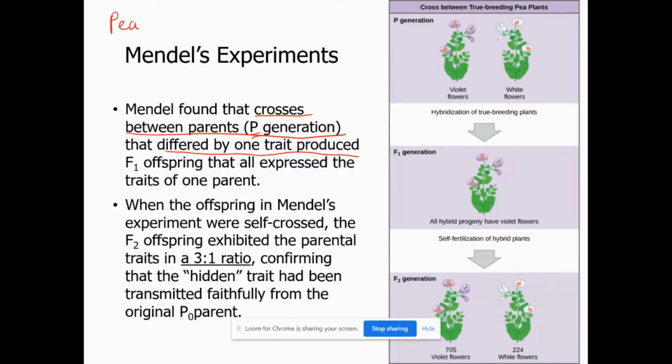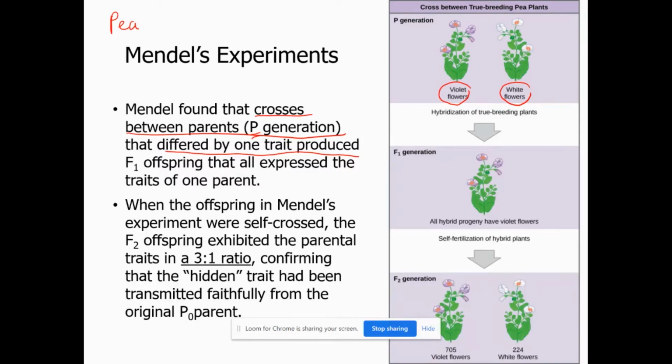Many traits. But he only focused on one trait first, and that's the color of the flower. The two parent plants differ in flower color. One plant has violet or purple flowers, and the other one has white flowers.